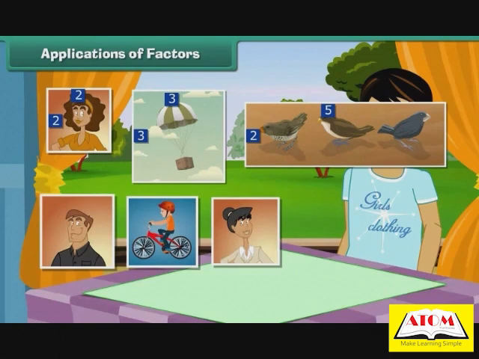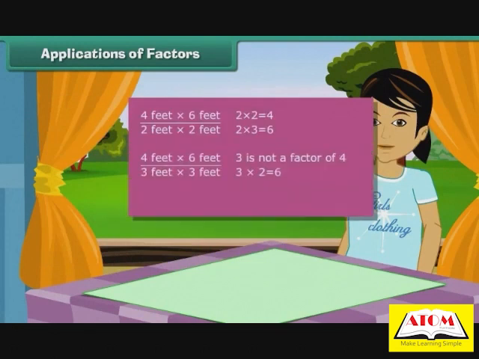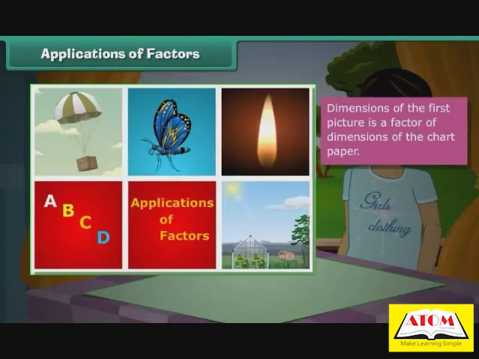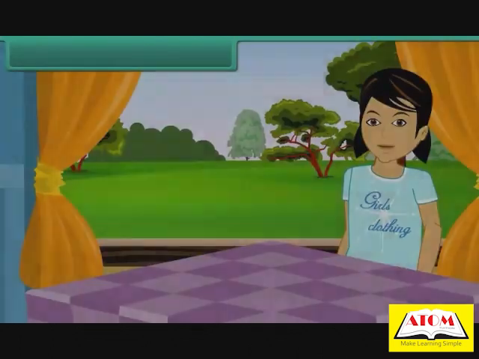Pictures of which size can she paste on the chart paper without cutting them short? Let us check if the dimensions of the pictures are factors of the dimensions of the chart paper. Dimensions of the first picture is a factor of dimensions of the chart paper. Therefore, Prerna can paste pictures of dimensions 2 feet by 2 feet on the chart paper without cutting.